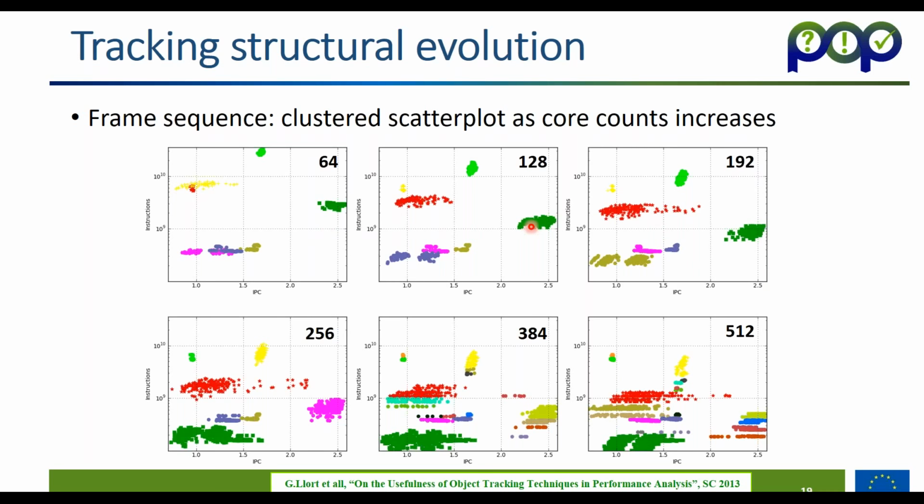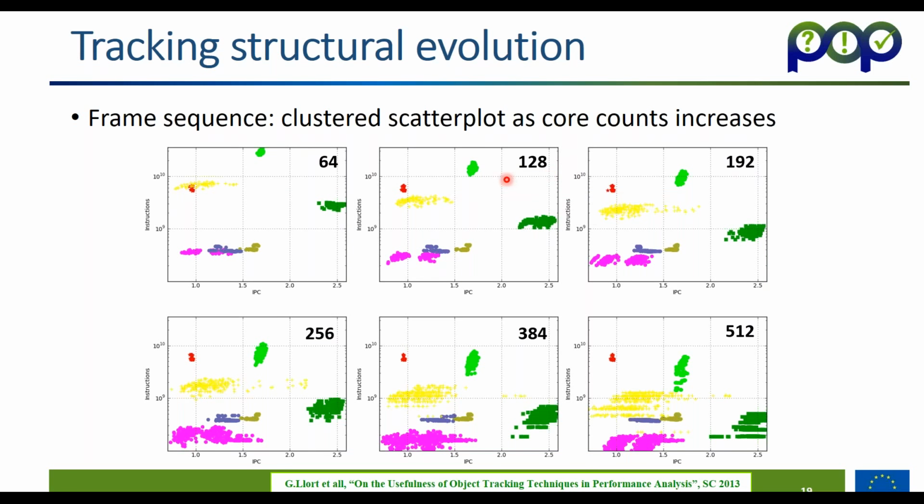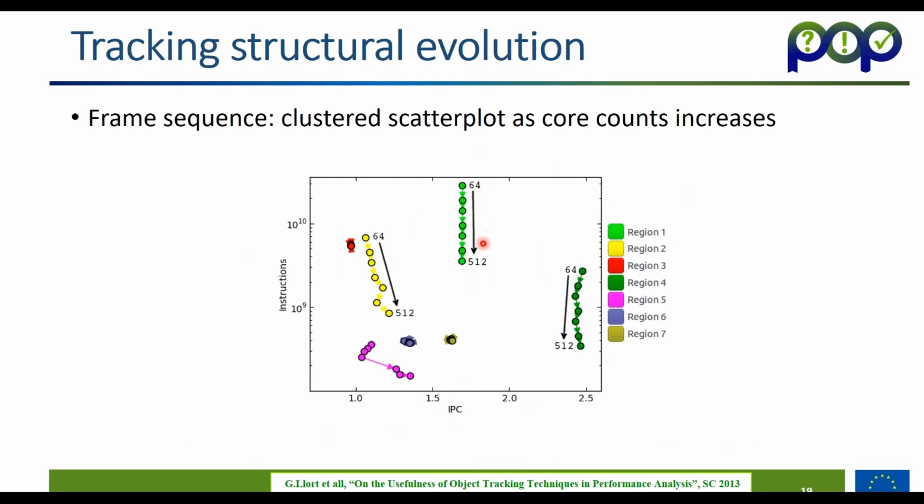So the technique that we're using here is tracking, in the same way that you track human persons in a scene. For example, you can track the movement of these points in this two-dimensional space and really identify which of these clusters in one of the frames corresponds to the same region of code in the other frame, and detect essentially how each of these regions moves. This is how the centroids of those regions move when you increase, for example, core count.